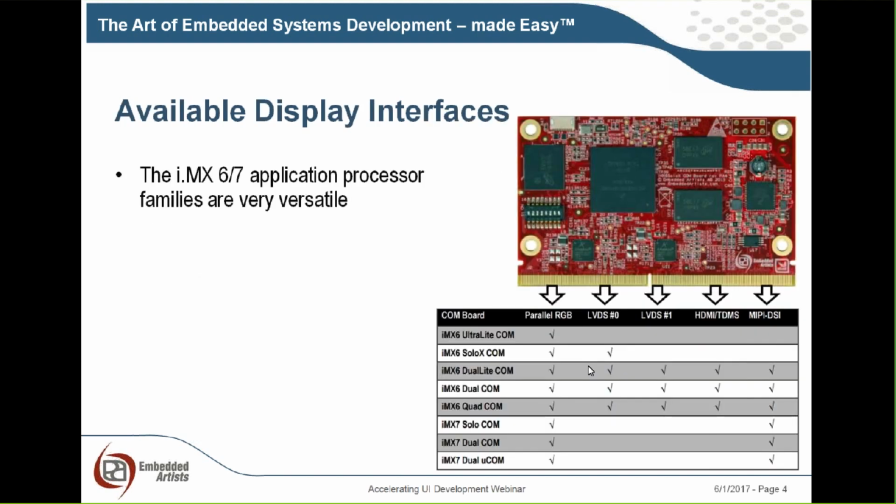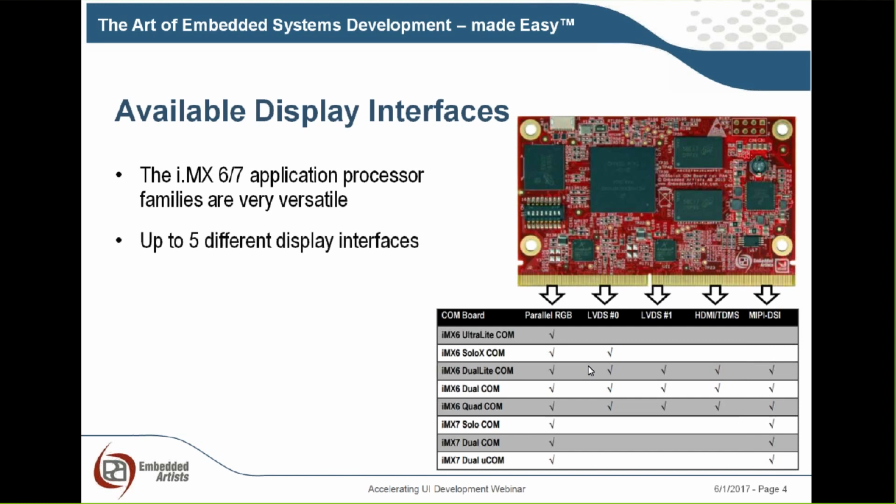In this webinar we talk specifically about graphical user interfaces, and for that a display interface is needed. And there are quite a lot of display interfaces available on the i.MX application processor families. And here's a table.